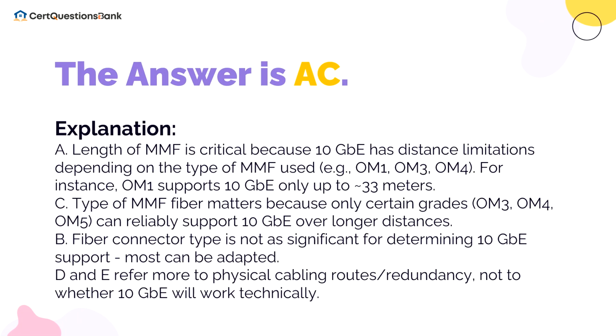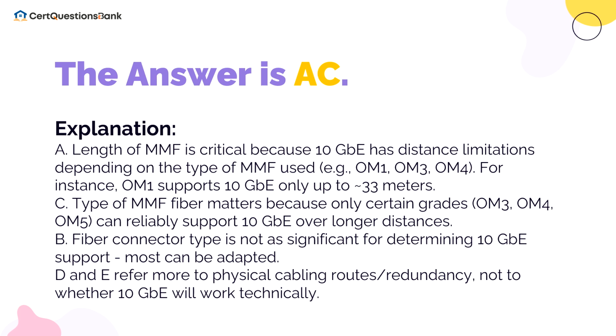The answer is AC. A. Length of MMF is critical because 10GbE has distance limitations depending on the type of MMF used, e.g., OM1, OM3, OM4. For instance, OM1 supports 10GbE only up to approximately 33 meters.